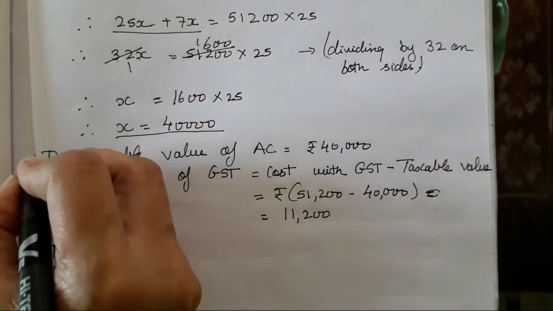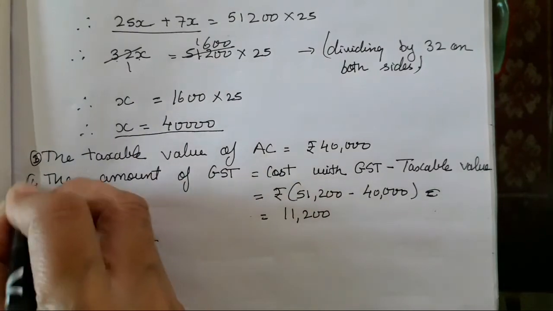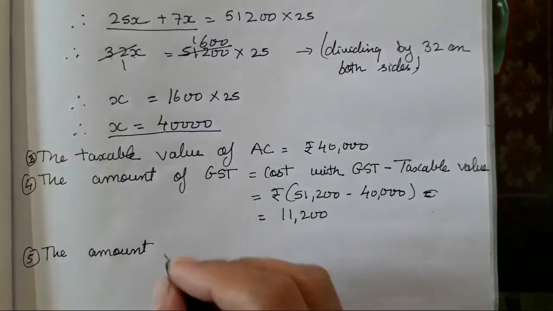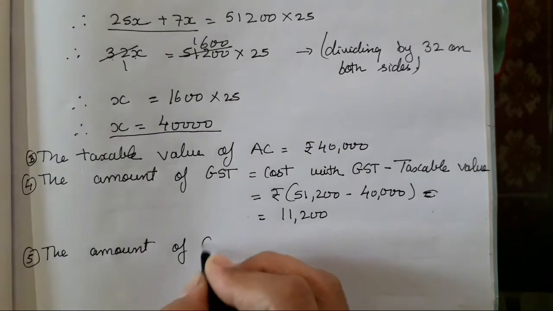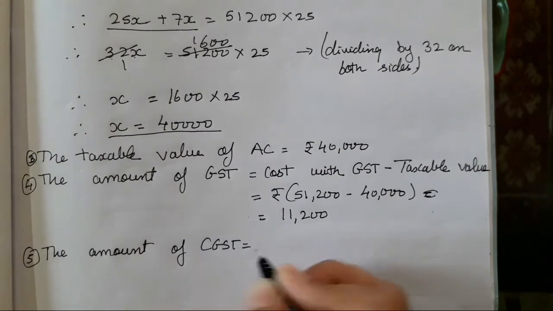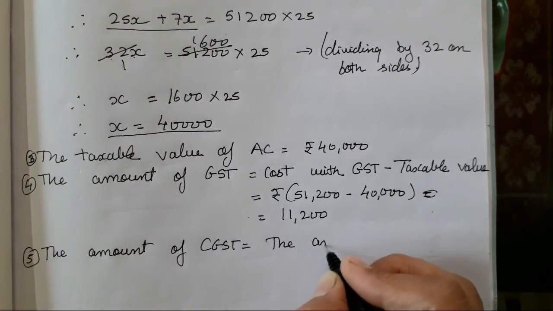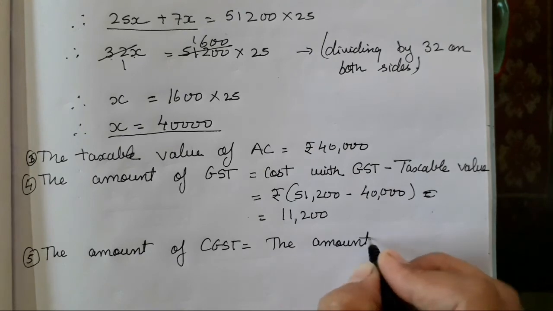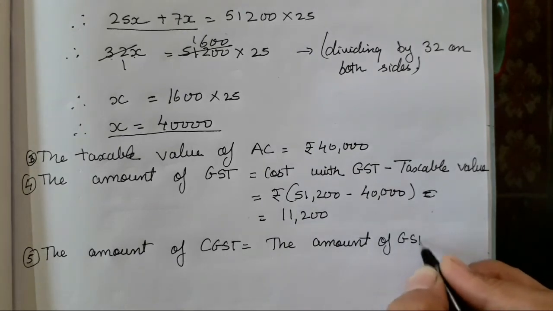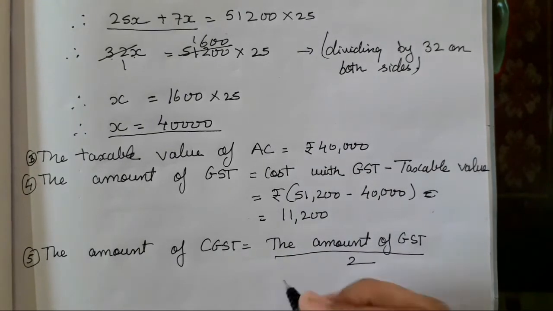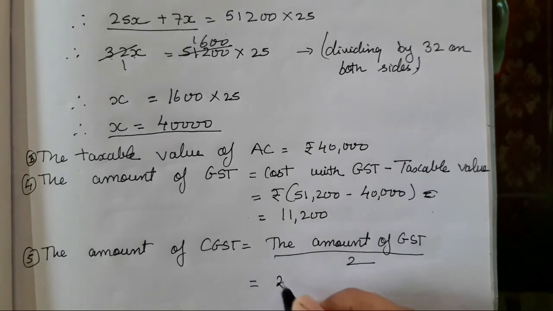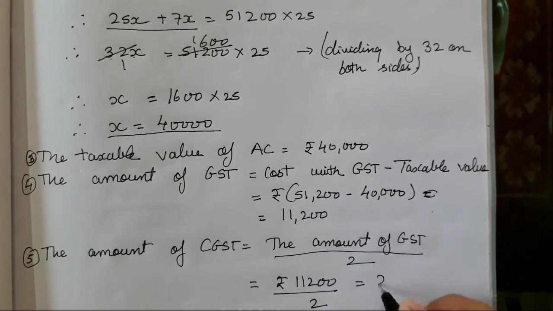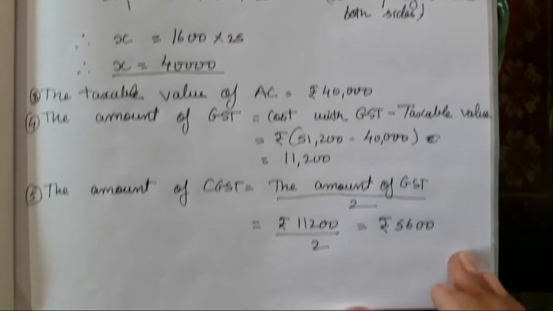Now the fifth question was this. This was third question's answer, this is fourth question's answer, this is fifth question's answer. The amount of CGST is equal to the amount of GST upon 2, which is supposed to be rupees 11,200 upon 2. Reduce it, the answer is going to be 5,600.